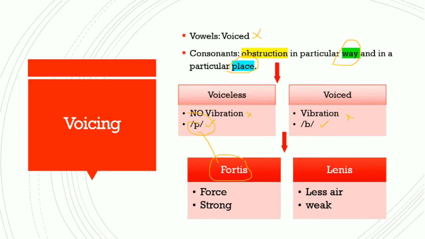And you call lenis those consonants that are weak, that is to say, there is less air going out when you produce, for example, B.